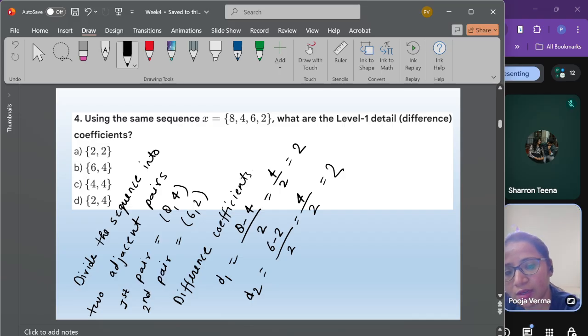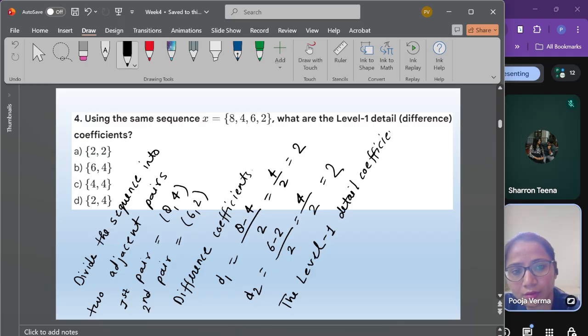So the level 1 detail coefficients are 2 and 2. So yeah, option A is the correct answer for this question.